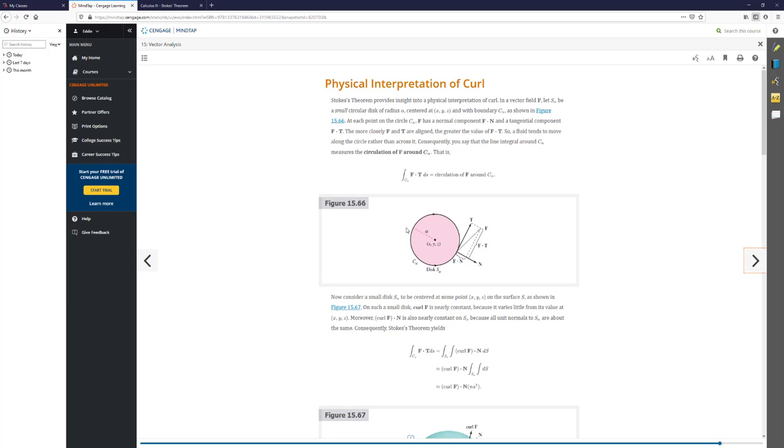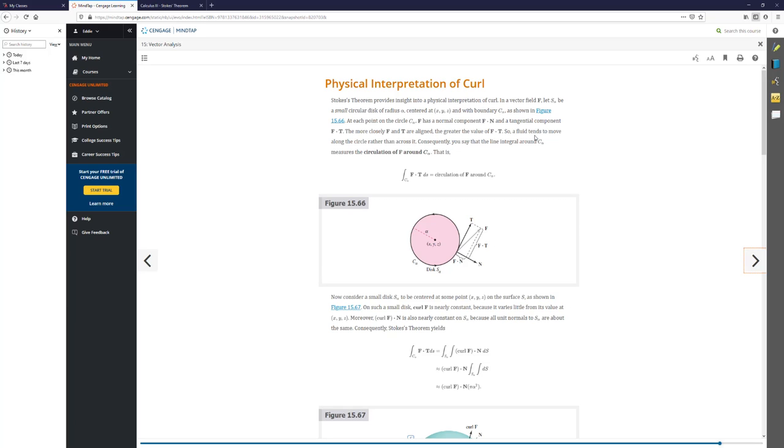And you can see it is going in that counterclockwise rotation. It says at each point on the circle C sub alpha, F has a normal component, F dot n, and then it also has this tangential component, F dot t. That's the tangent vector, t, and then we have F dot t.